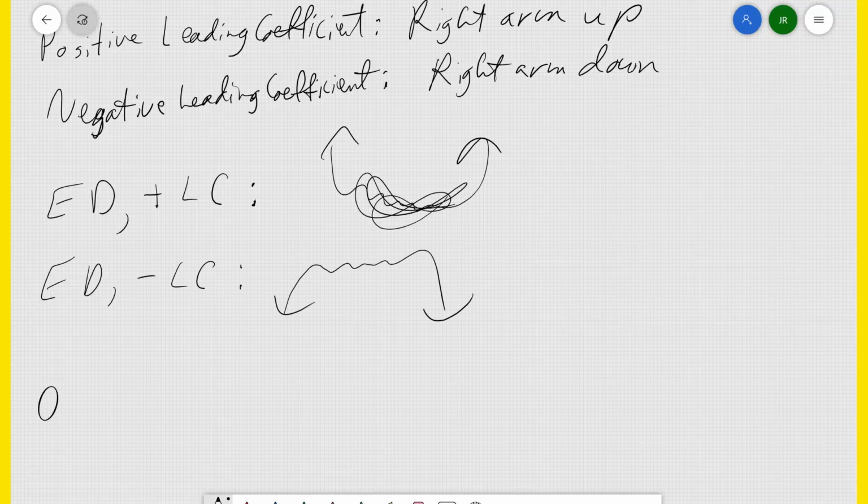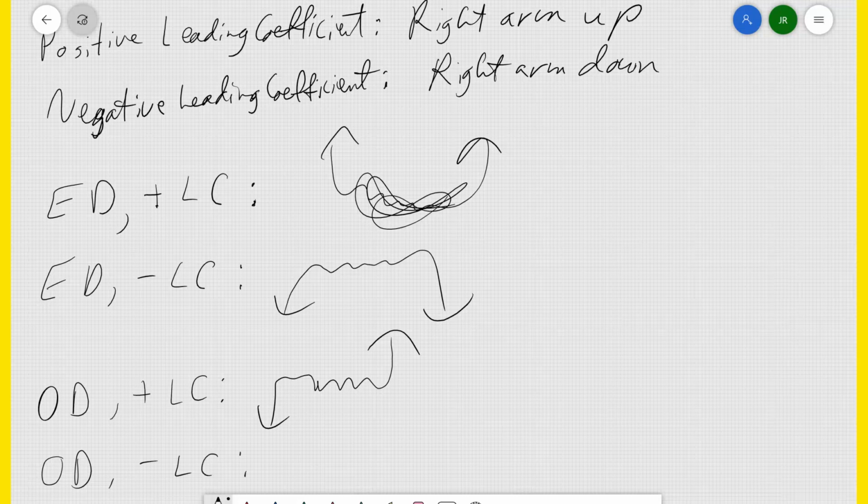If it's an odd degree, positive leading coefficient, our right arm is up, might do all kind of stuff in the middle, don't really care, and the left arm is down. If it's an odd degree, negative leading coefficient, then the right arm is going to be down, the left arm is going to be up, and might do all kind of stuff in the middle, but the left arm is up and the right arm is down.